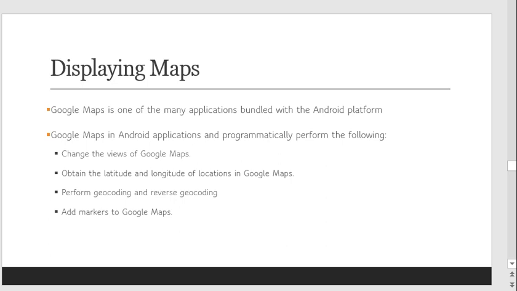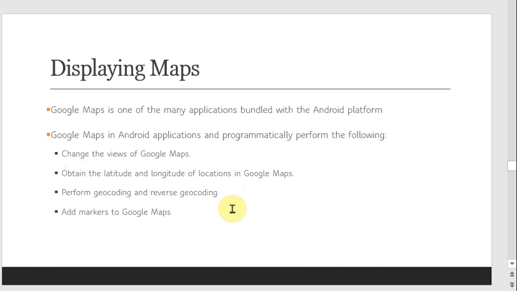How to use Google Maps in our Android application, and what it can programmatically perform: these are the things we are going to see. That is how you can change the views in Google Map, how you can obtain the latitude as well as longitude of your map, and how you can perform geocoding as well as reverse geocoding.